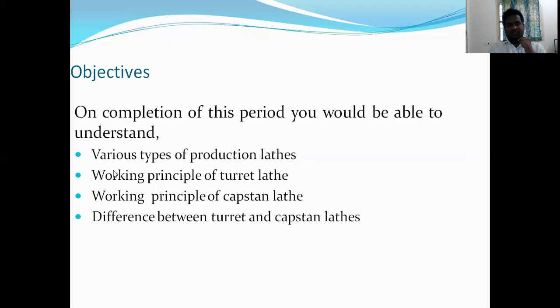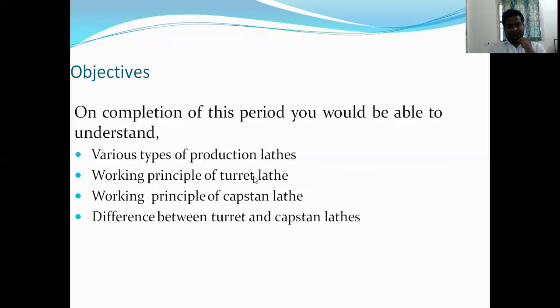The engine lathe is the basic lathe machine, but we are now moving to the production lathe. Production lathes produce products in less time compared to the engine lathe. After that, turret lathe and capstan lathe. The turret lathe has a number of tools on its tool magazine, so we don't waste time fixing and removing tools from the same tool post.